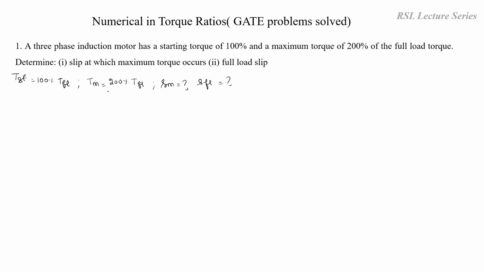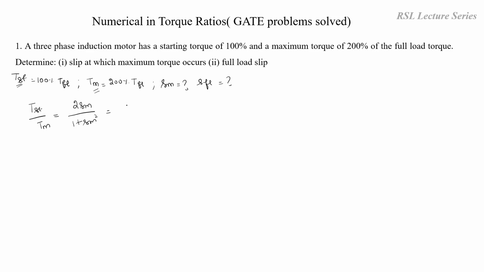So now from these given two equations, we can write starting torque divided by maximum torque. We all know the formula for the ratio of starting torque to maximum torque. We have already derived this one. The formula is 2 Sm divided by 1 plus Sm square.